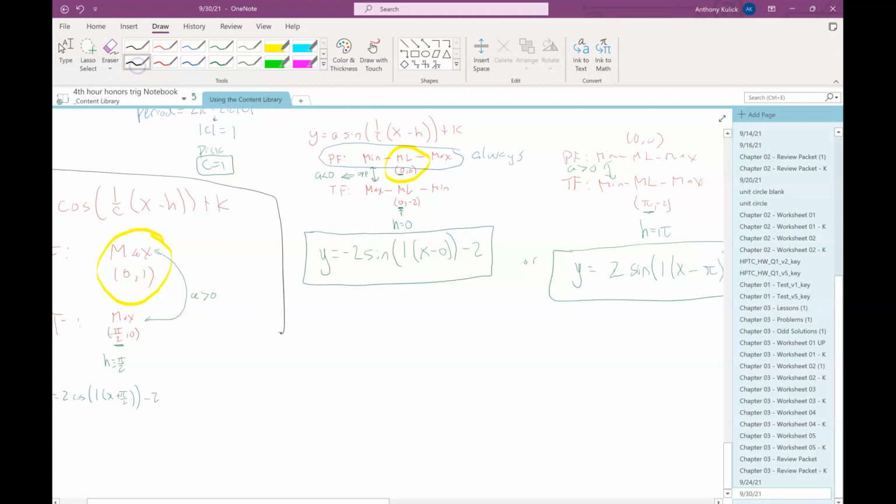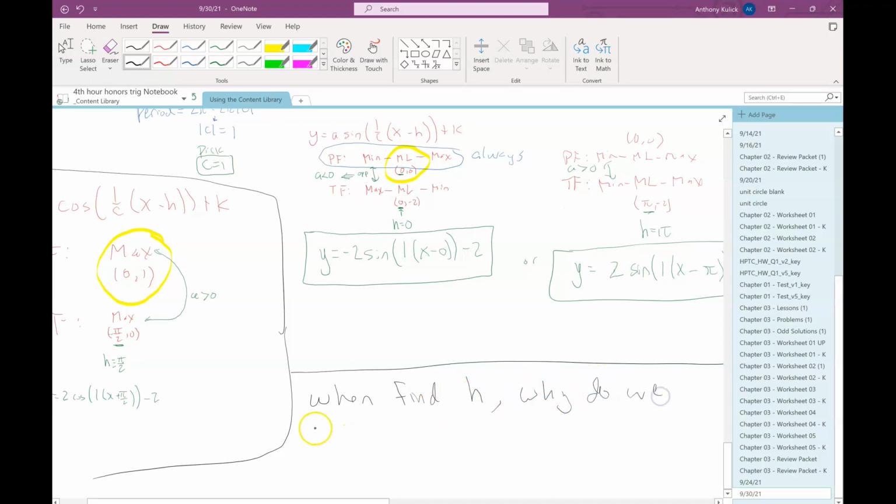So just as a little aside, when finding h, why do we want a point from the parent function where x equals 0?